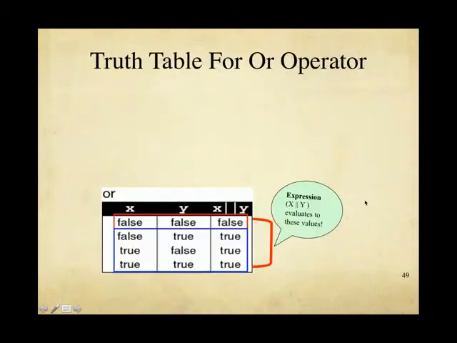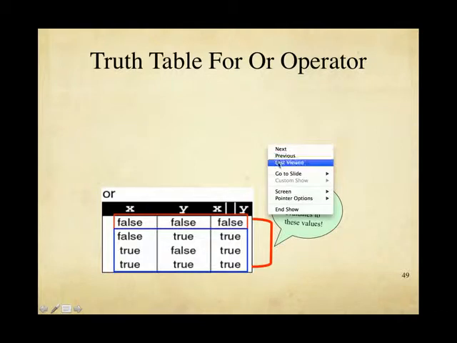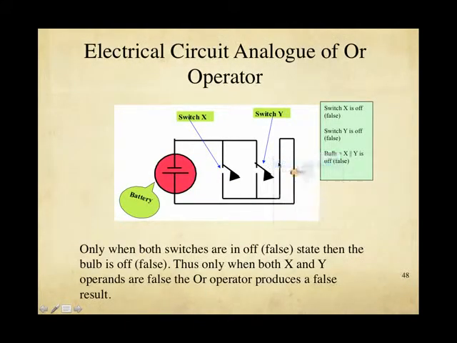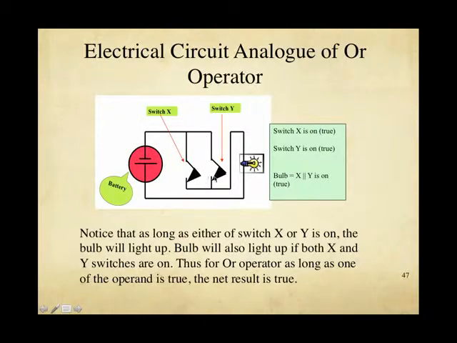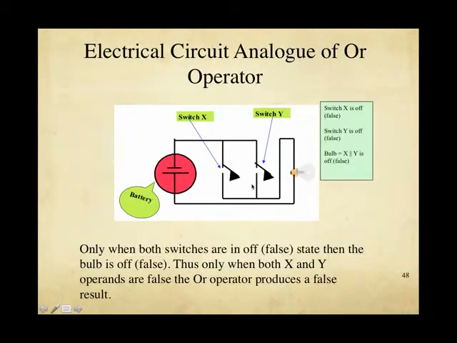So this goes very well with the truth table, that if one of the two switches is in true state, like false true, it will result in true, true false results in true. And of course, if both are in true state, true true, even then the bulb will be in true state.